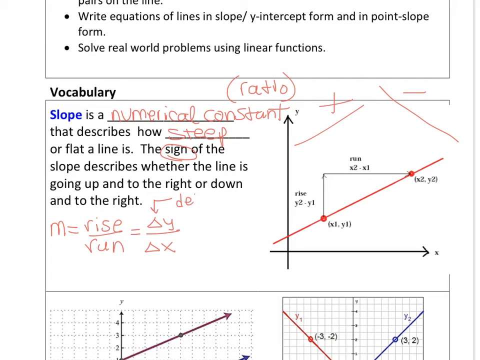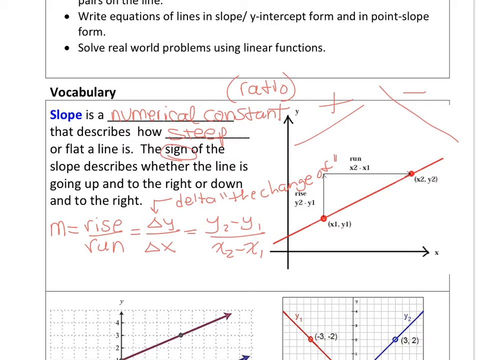And delta, we just use it as mathematician shorthand to stand for the change of, or the change between. So the change of the y over the change of the x, that's how we numerically describe that rise over run. So in my diagram over here, it would be y sub 2 minus y sub 1 over x sub 2 minus x sub 1.